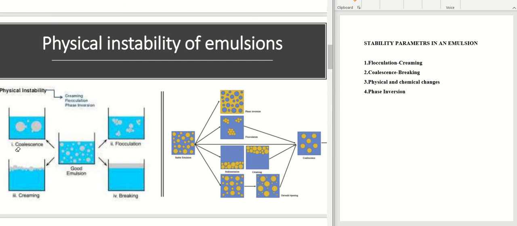The first one is coalescence, where the smaller globules will come together to fuse with each other to form a larger globule. The smaller ones will come together to form a larger globule.